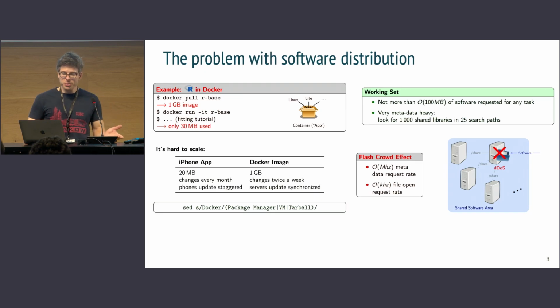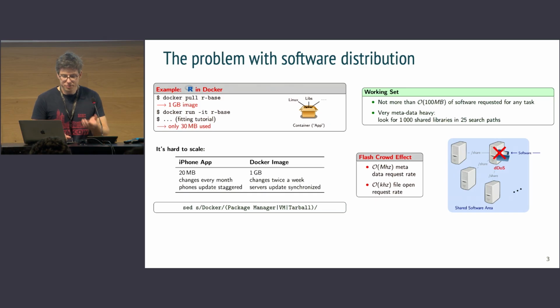Okay, so coming back to software distribution. There is, especially in scientific software, a bit of a problem with scientific software distribution. And the problem is, I hope that this doesn't shock you, that if you are going to pull a container, here I have this example of R, the statistical language, you would pull this container that's around 1 gigabyte, and then you run a part of it.